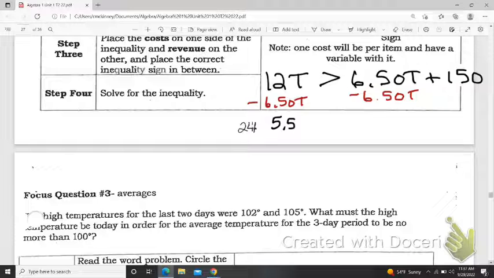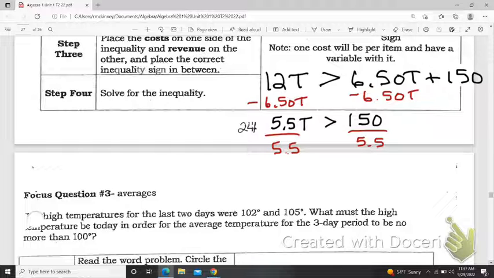So basically, if I didn't have that cost of the equipment, I would be making $5.50 on every shirt. But I do have that cost of equipment. So now if I divide this up, divide 150 by 5.5, what you're going to get is not going to be pretty. So it will not be a lovely looking answer.